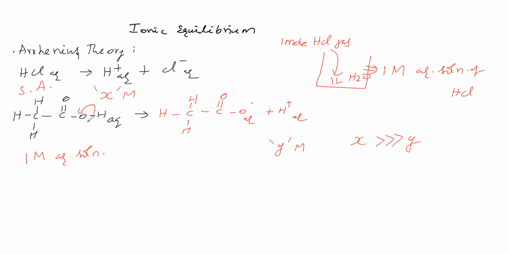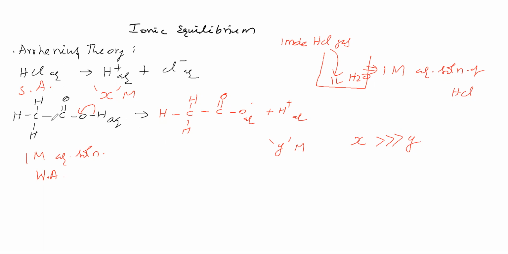Acetic acid dissociates to a weak extent, therefore acetic acid is called a weak acid. In this way, Arrhenius theory classifies acids into strong acid and weak acid.